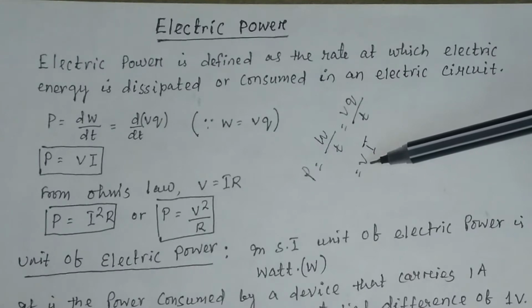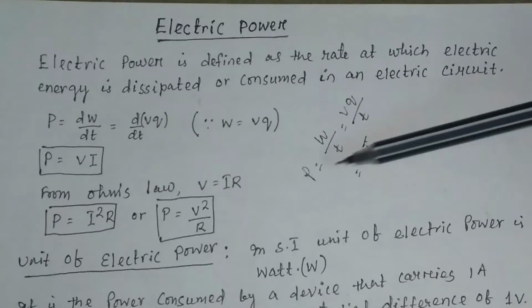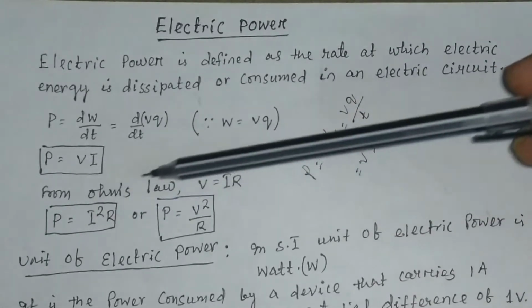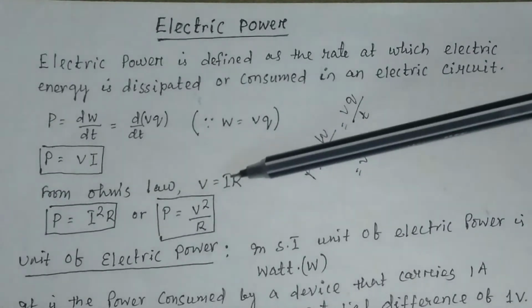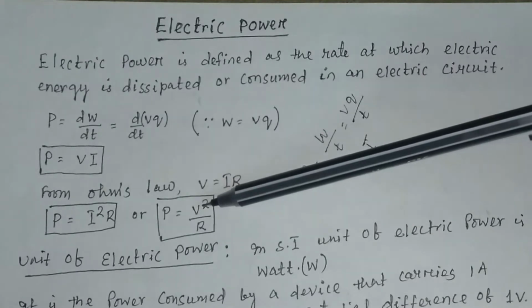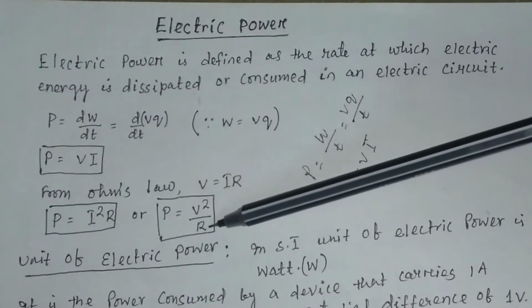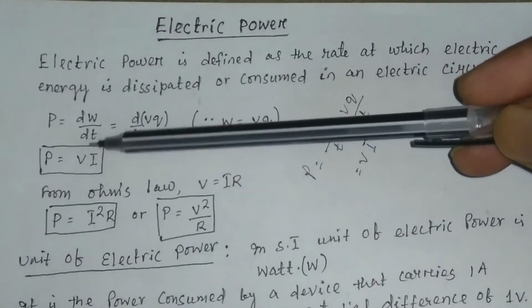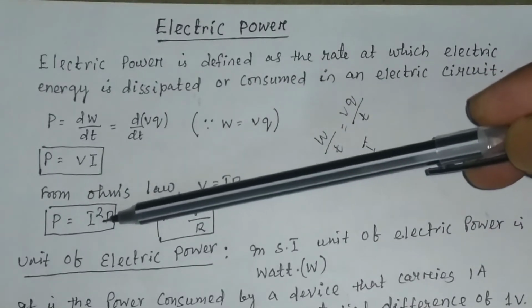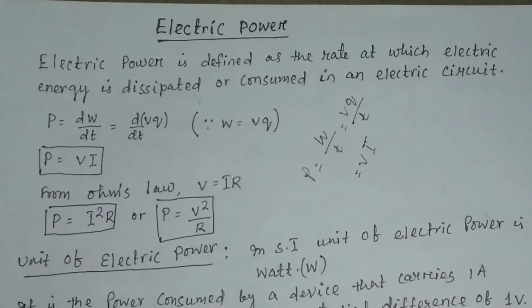So this will be equal to I square R. And if you write I equal to V by R, then this will be equal to V square divided by R square. One R will cancel, so V square by R. So you remember these three formulas: P equal to V into I, P equal to I square into R, and P equal to V square divided by R.